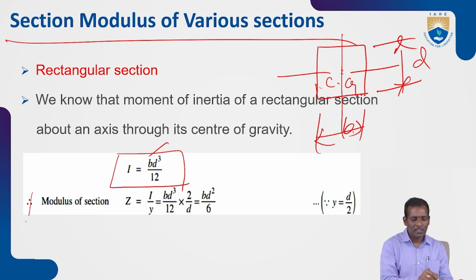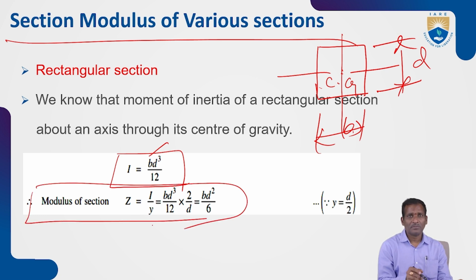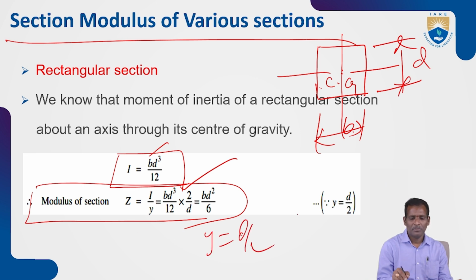The modulus of section, as we have seen in the previous slide, is Z equal to I by Y. Now substitute BD cubed by 12 in place of I, and Y is D by 2, the neutral axis distance.